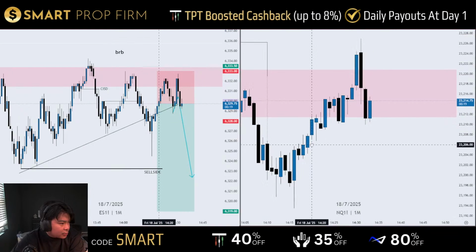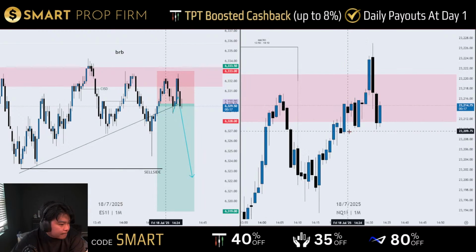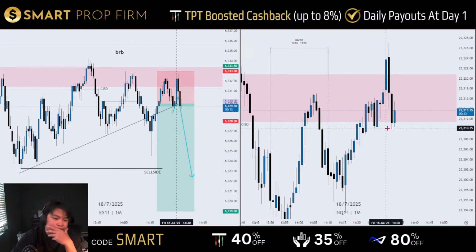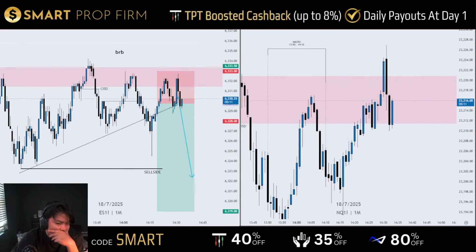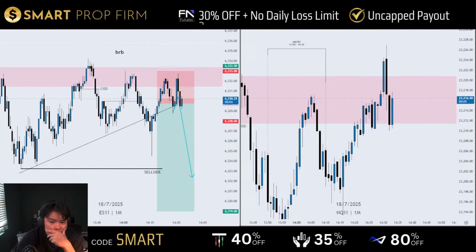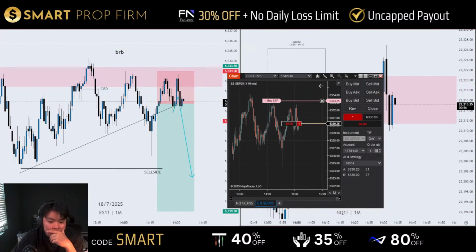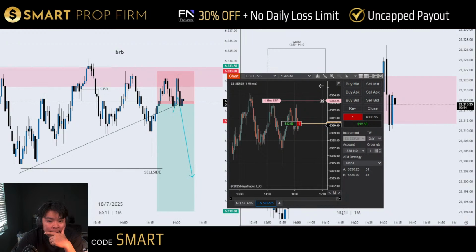Still, it's at entry right now, but let's see if NQ wants to do anything here. Still in this with one, FYI.